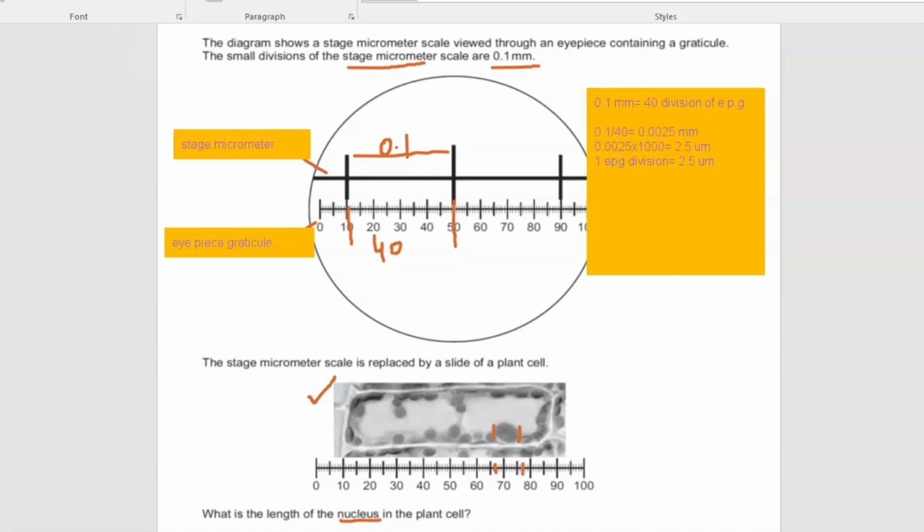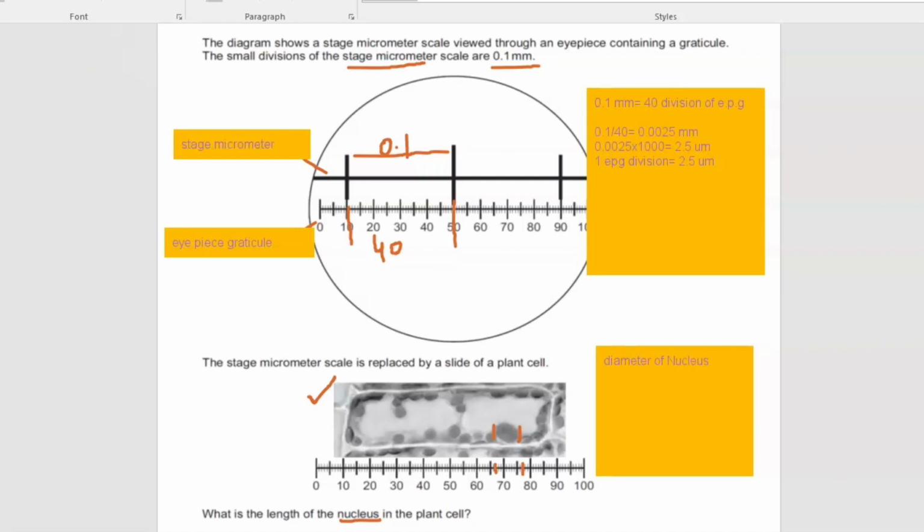So it is about 3 here, 5, 8, 9, 10. So it can be 9 or 10 divisions. So we have to multiply now. It is the width or diameter of the nucleus.